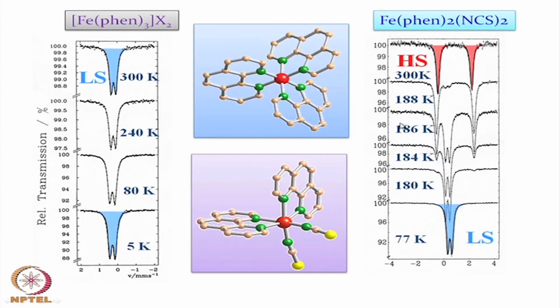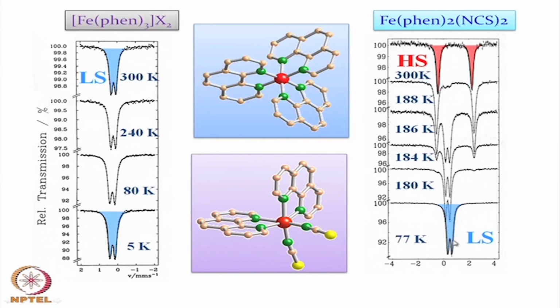So this is the range we have seen in one other previous example, that around 185 Kelvin the corresponding transition is taking place from low spin to high spin. The magnetic susceptibility data you have seen earlier in another example is similarly applicable for the Mössbauer spectroscopic data as well.